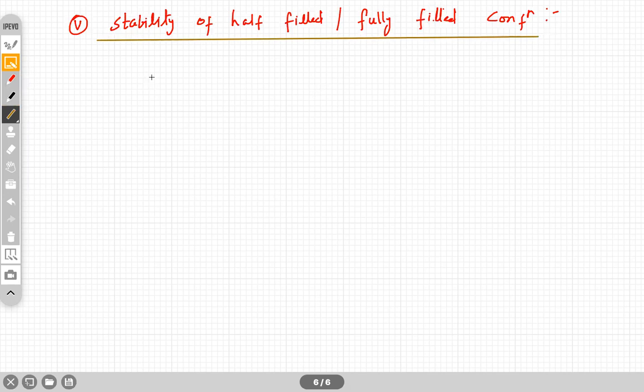We know half filled and fully filled are more stable configurations. So in this order, you remember, if you have D5 configuration, then ionization energy will be least. Then we have P3, both half filled. Then we have D10, fully filled. Then we have P6, fully filled.